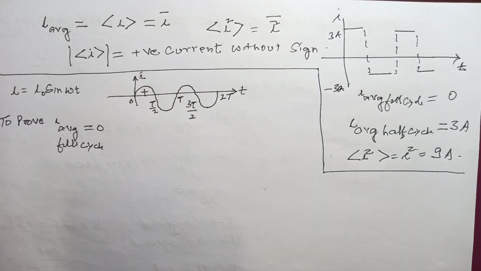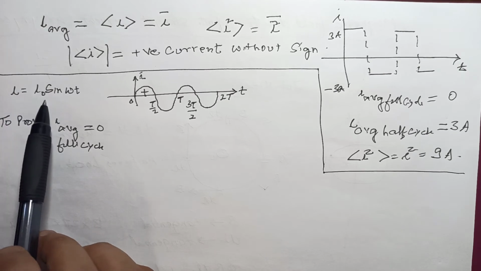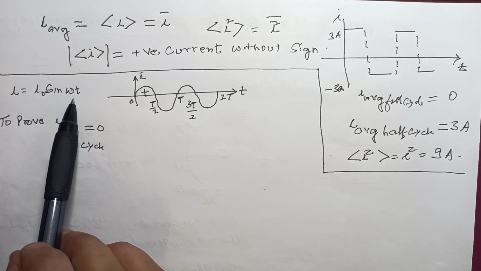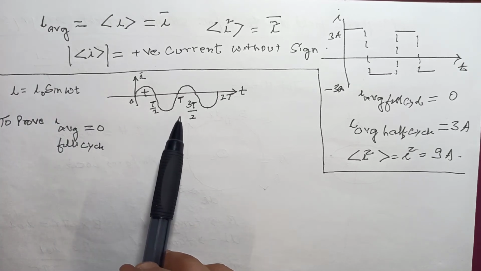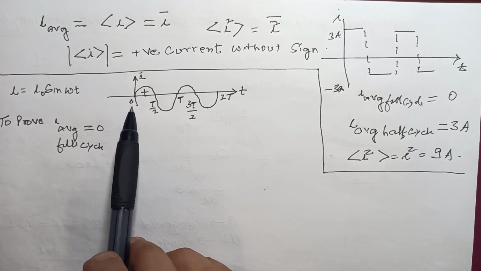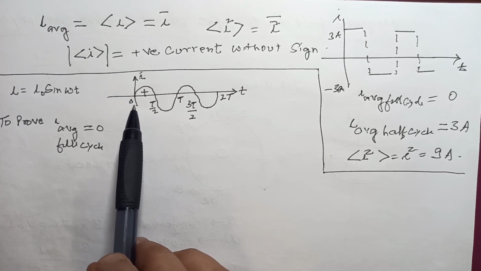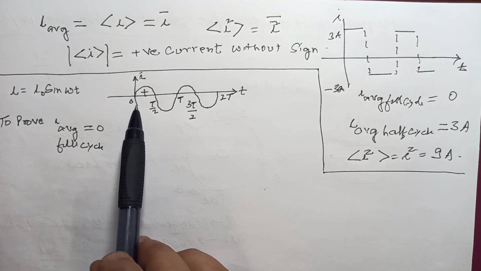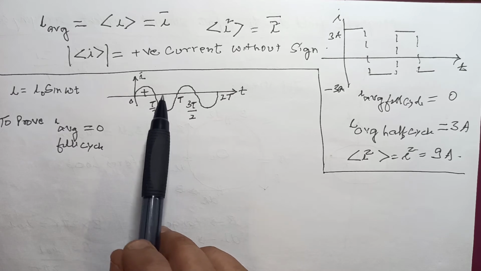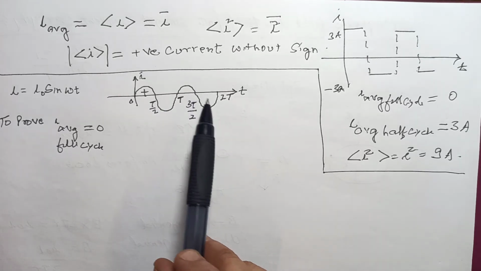So now what we are going to do is, we know that let's assume I is equal to I naught sine omega t. Let's draw the graph of this. If you are drawing the graph, it's positive from 0 to T by 2, and then it's negative, then again positive, and then negative.